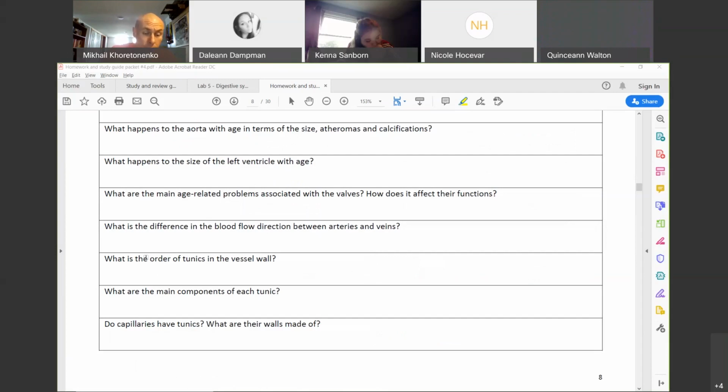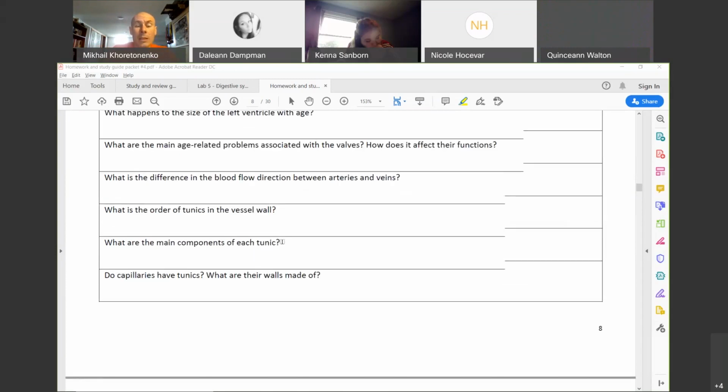Veins to the heart. The order of tunics, from the innermost, is intima, then media, then externa. The main component of tunica intima is endothelial cells, basically simple squamous epithelium, the most important.